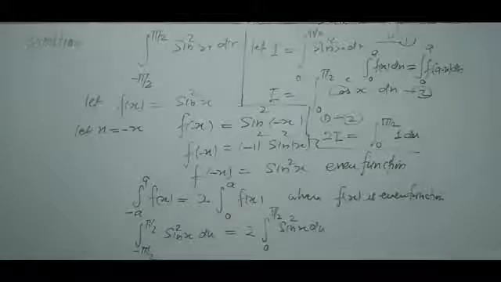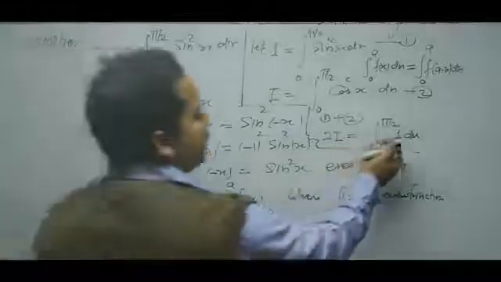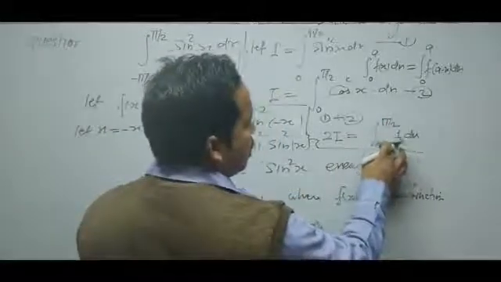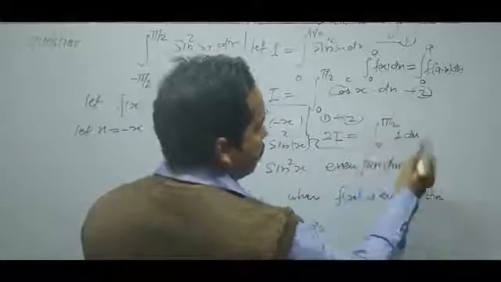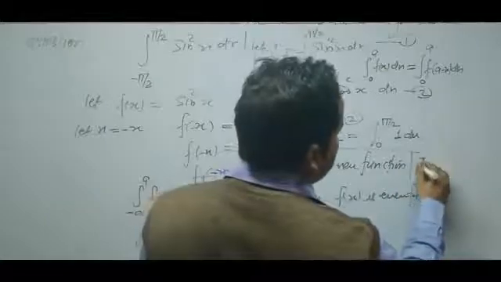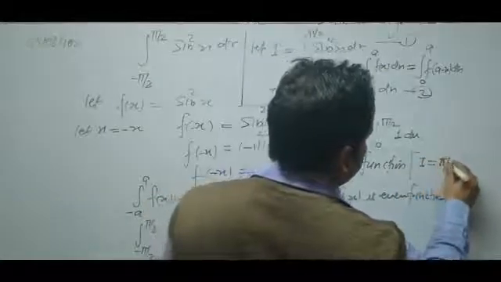So 2I is pi by 2, which means I is equal to pi by 4.